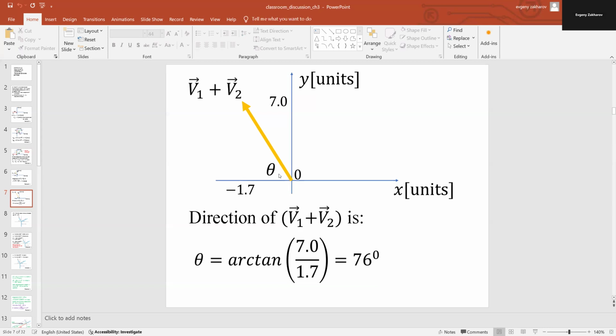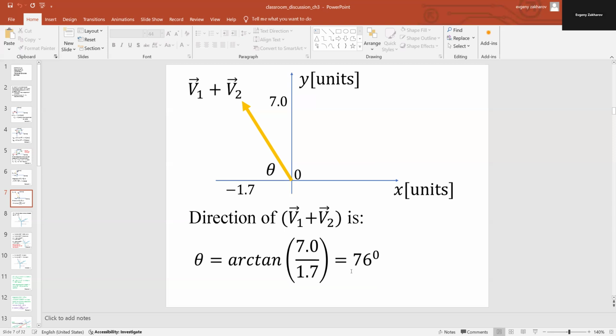What I like to do is I like positive angles. I would rather deal with first quadrants rather than angles like 252 or whatever. I would rather choose this reference angle, and then it's just a positive 1.7, positive 7, and the inverse tangent, which you call arctangent sometimes, of the opposite over the adjacent gives you 76 degrees.